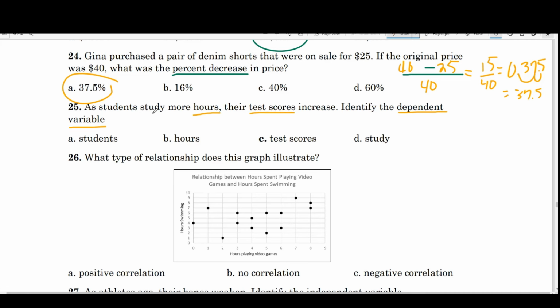So we have to figure out which one is dependent upon the other. When students study more, the test scores go up. So this is impacting the test score, which means the test score is the dependent. So the only thing you have to ask yourself is what's being impacted? What's dependent on the other one?